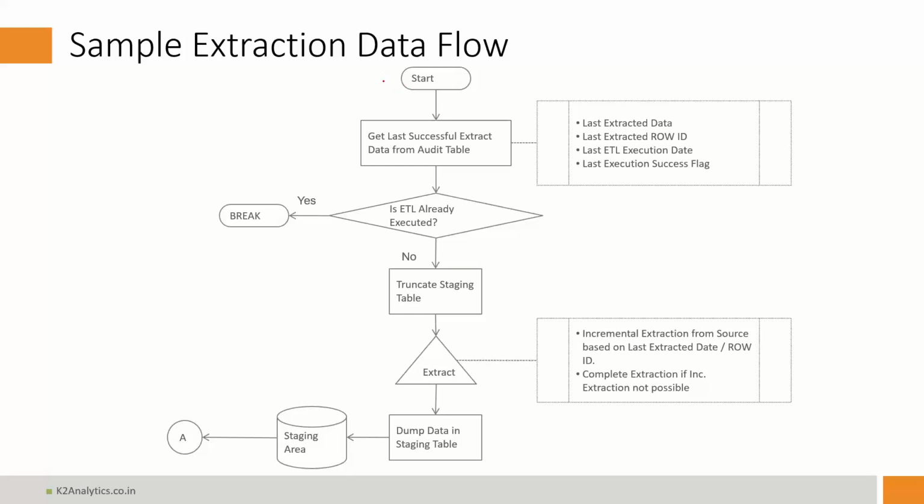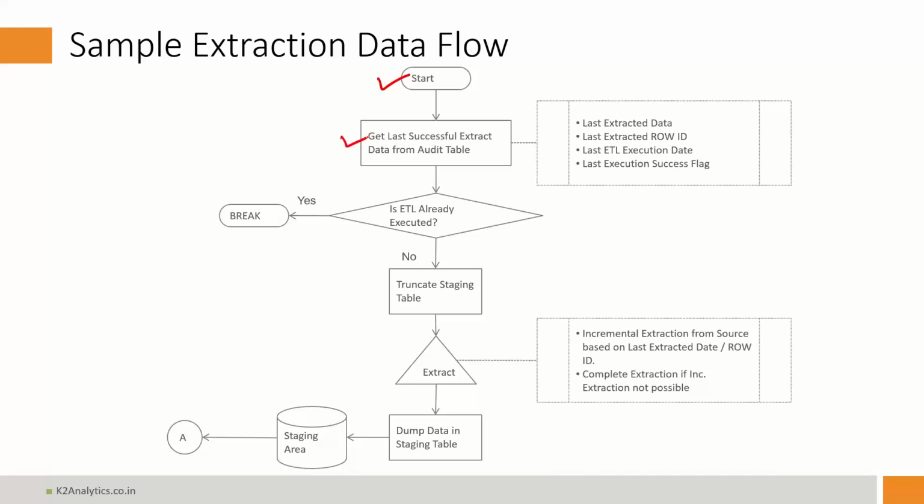Now, there will be a scheduler. You would have written your code, which you will schedule to run on a certain periodicity. So when the code gets started, the first thing the code should see is the audit table.